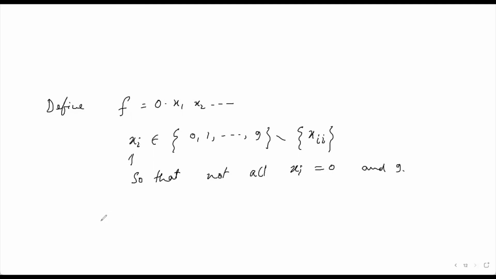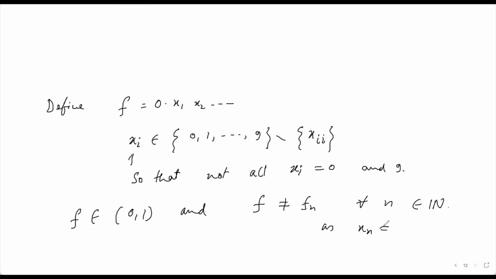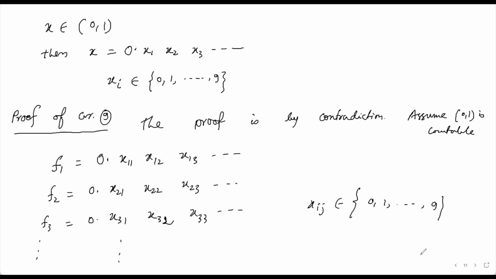Then f belongs to (0,1), and f is not equal to fn for all n in the set of all naturals, as xn is not equal to xnn. Therefore f is a member of the open interval (0,1), but f is not equal to fn for every n.